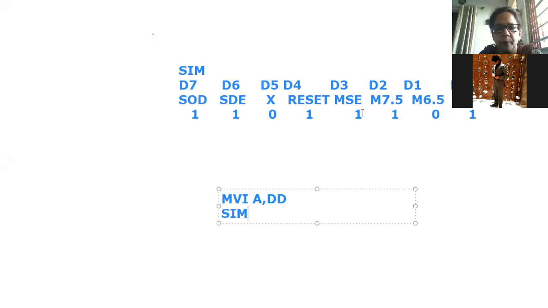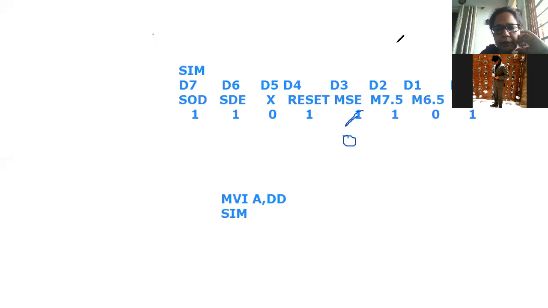If the MSE pin, this particular pin, is 0, then it will not mask the interrupts. Even though you have masked 7.5 and 5.5, if it is 0, it will not mask it. What is the meaning of this?